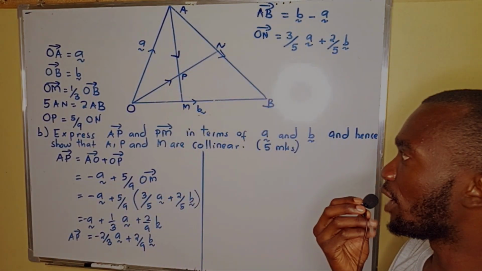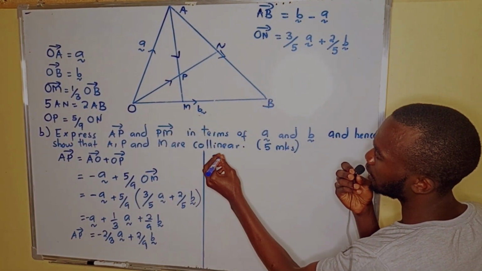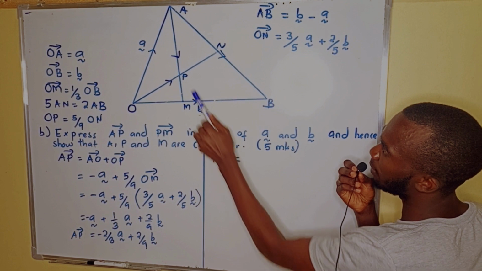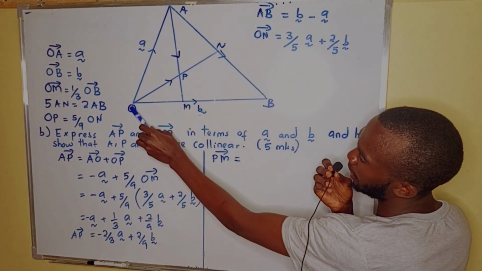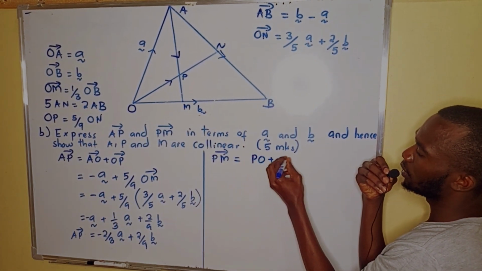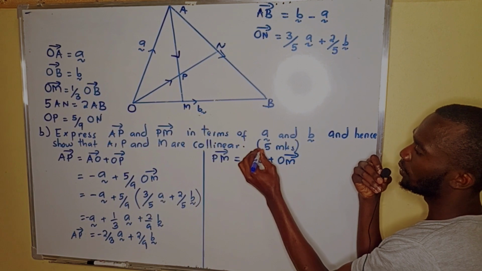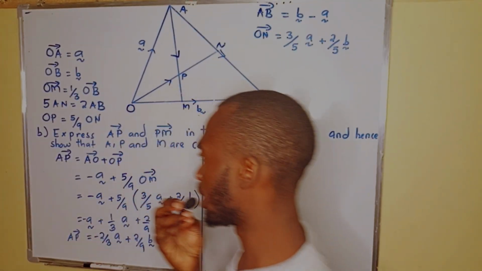Now the second part, now PM. PM in terms of A and B, we can move PO plus OM. Now PO is the negative of OP.